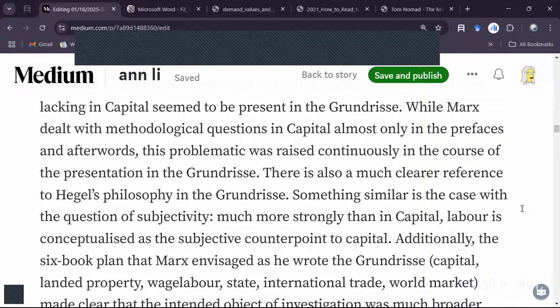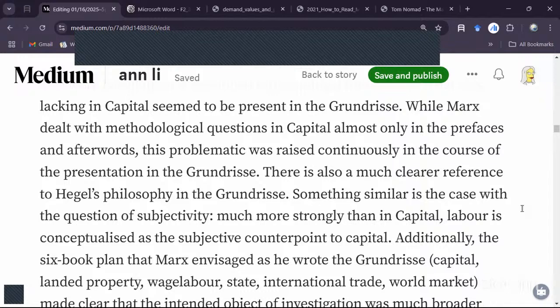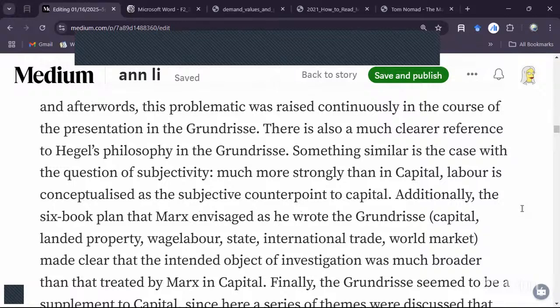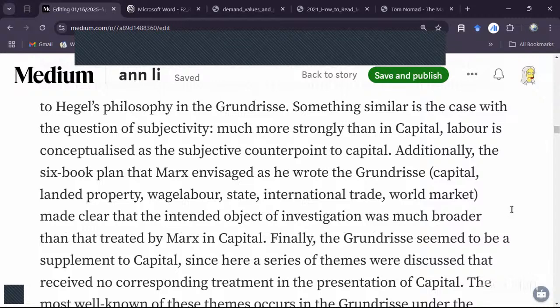Additionally, the six-point plan that Marx envisaged as he wrote the Grundrisse, that is, capital, landed property, wage labor, state, international trade, world market, made clear that the intended object of investigation was much broader than that treated by Marx in Capital, because of that front-loading problem again.